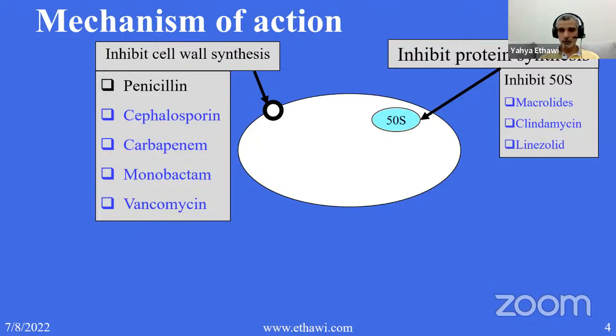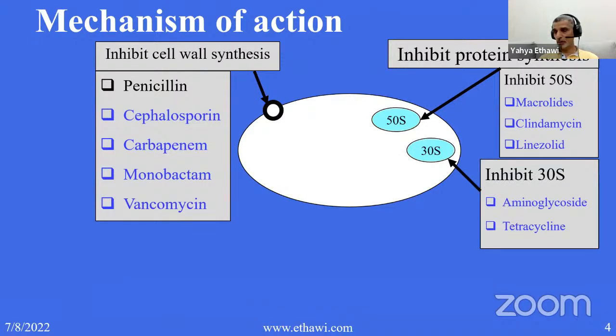Example of that is macrolides, clindamycin, and linezolid. And as you see, those who inhibit the 50S subunit to prevent protein synthesis, usually they are broad spectrum. They cover many bacteria, and that's why we use them, for example, for soft tissue infection, for some resistant bacteria, and so on.